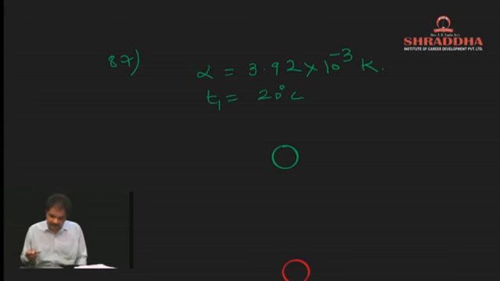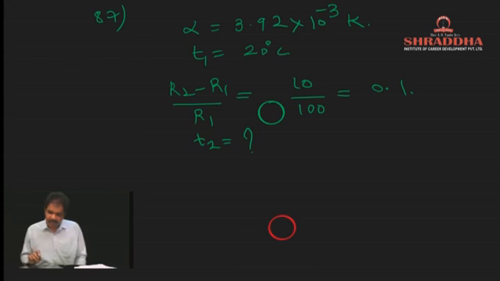Its temperature is increased. Then what happened? Its resistance also increased by 10%. So R2 minus R1 by R1 will be 10%, which is equal to 0.1.